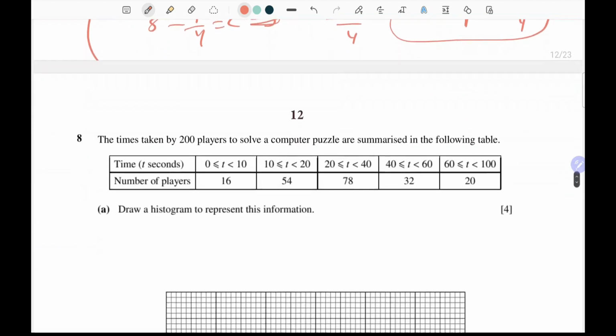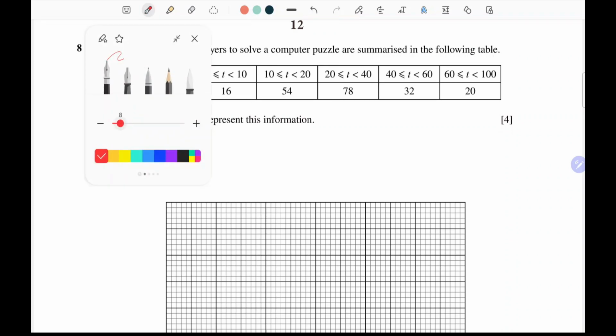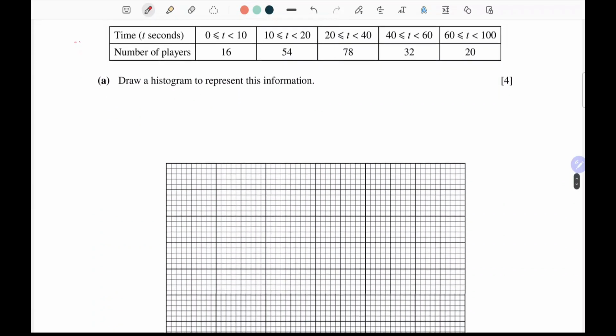Okay, now move to the next question. This is statistics. The times taken by 200 players to solve a computer puzzle are summarized in the following table. Okay, so this is the given number of players, and draw the histogram.